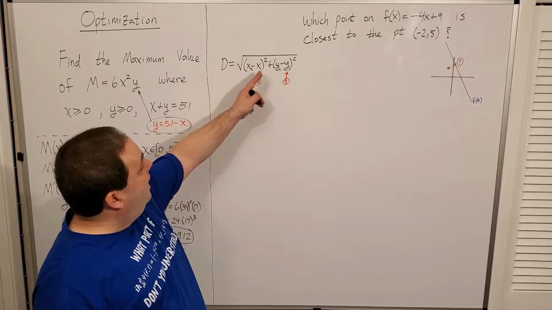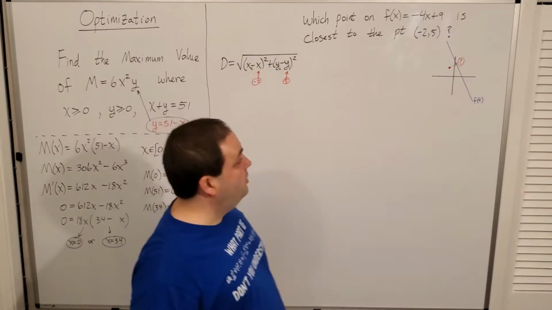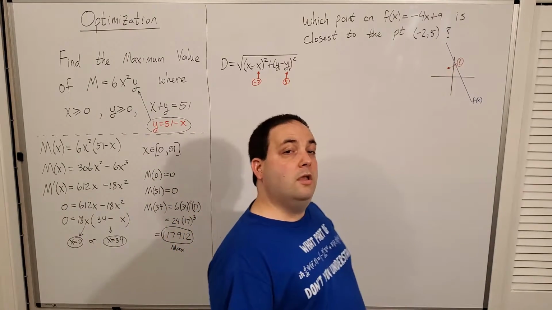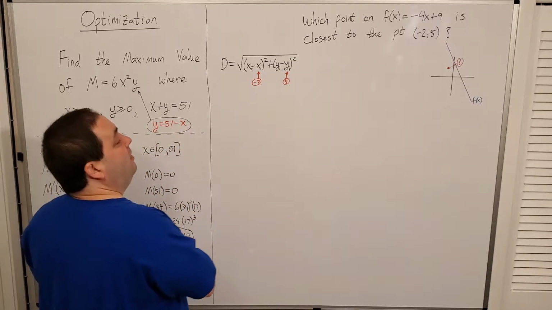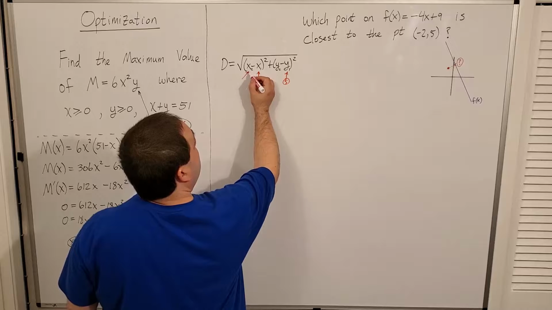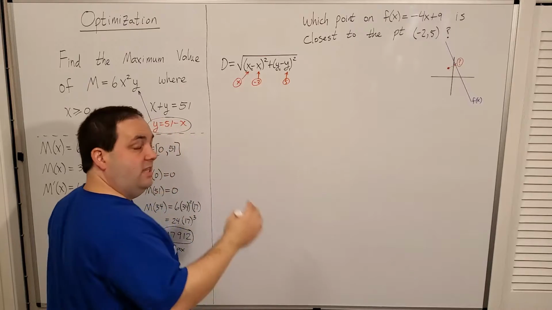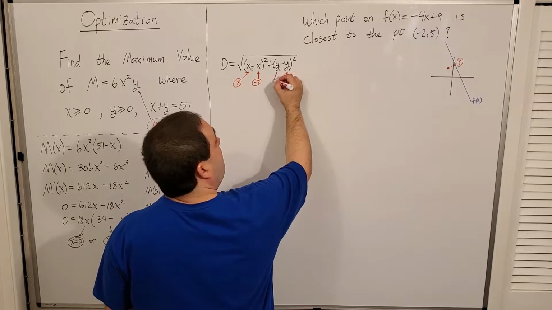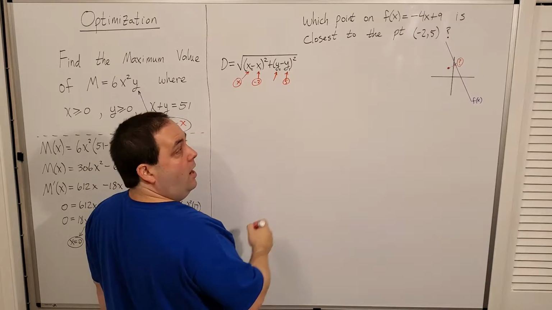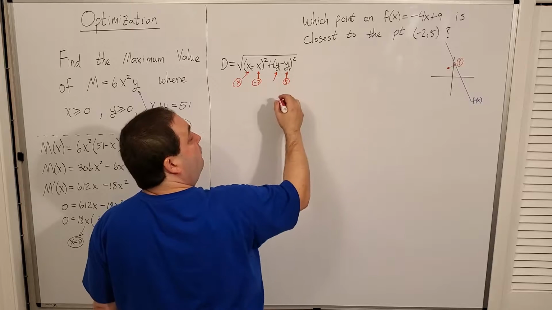But then what about the other x and the other y? Well, that's supposed to be the point that's on the function, right? So for that, I'll just be plugging in x to represent the x value of the point I'm finding, and not y, right? I can calculate the y from the x.